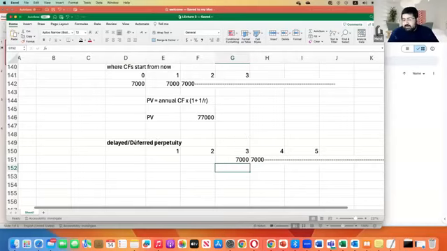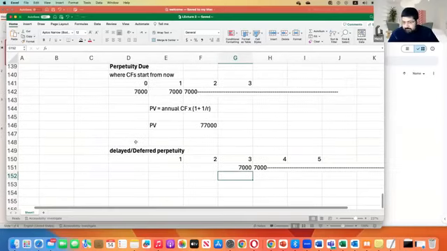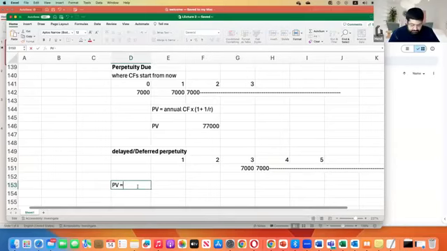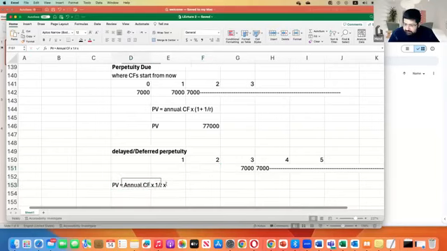After year 1, perpetuity delayed or deferred. So present value is equal to annual cash flow into 1 over R, simple, for simple perpetuity, and it is delayed, so discount factor, as the answer will fall here, 1 plus R raised to power minus n.